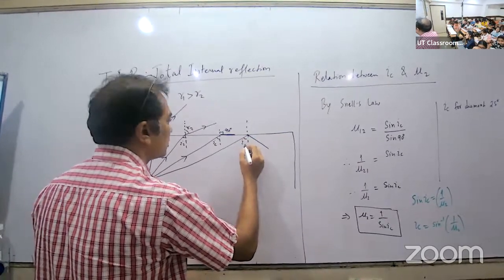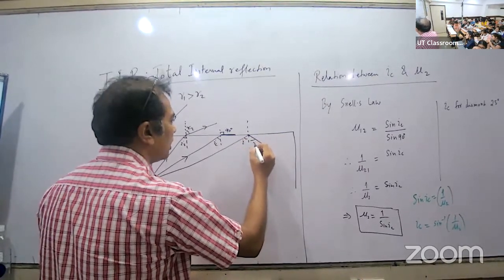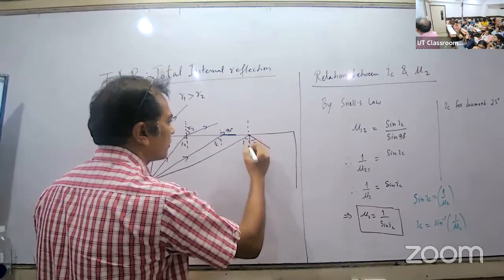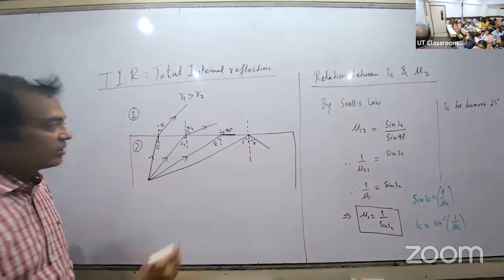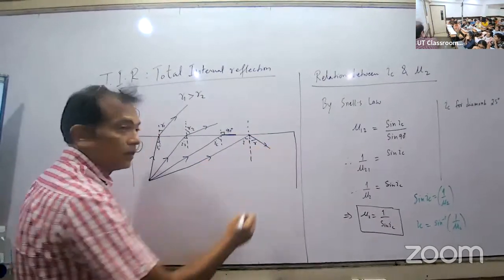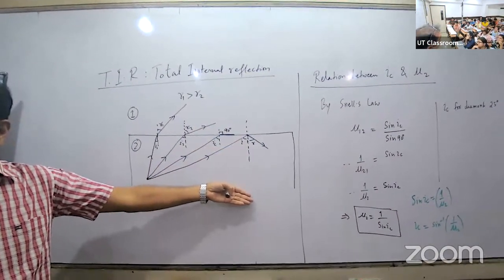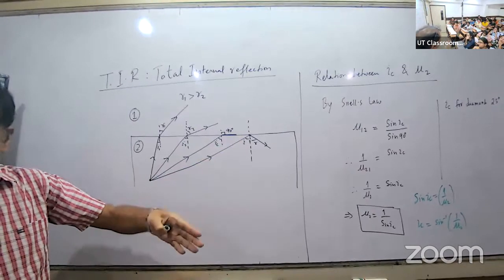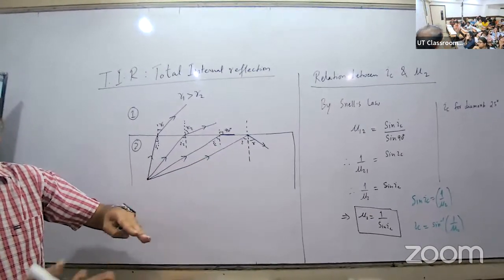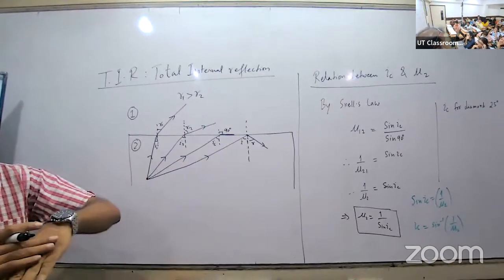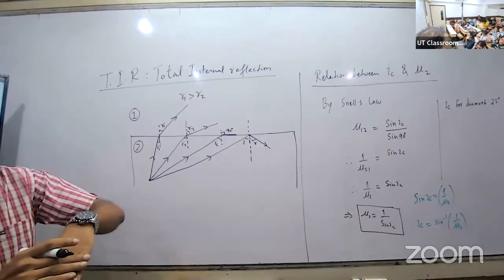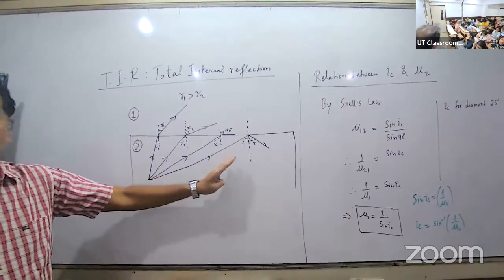This is I is equal to R in this. Is this better reflection than a mirror? Yes, it is 100% reflected. In a mirror also some light is absorbed, or if the silver coating is dull, you don't get full reflection. This is 100% reflection.